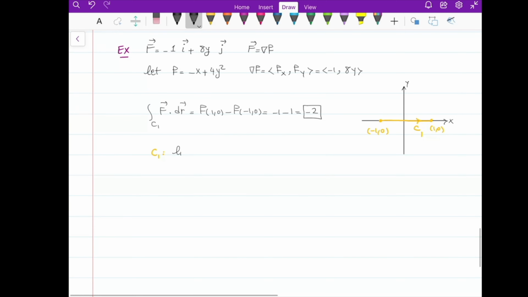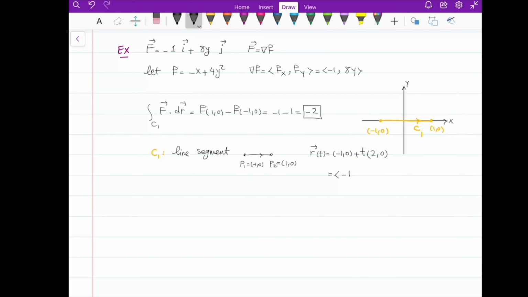It would be the line segment from P1 to P2, where P2 is 1, 0 and P1 is negative 1, 0. So r of t is equal to the first point plus t times the second point minus the first point. 1 minus negative 1 is 2, and 0 minus 0 is 0.